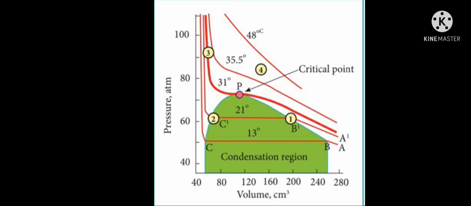In the line BC, you will have both liquid and gas where pressure remains constant. Hence, in the straight line BC, we have both liquid and gas. This shows that the pressure is constant.